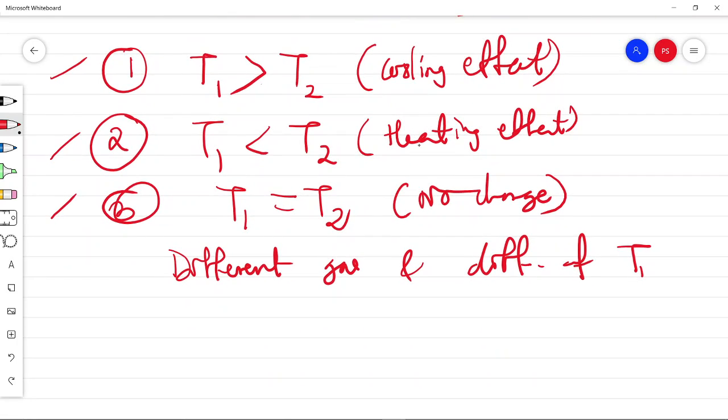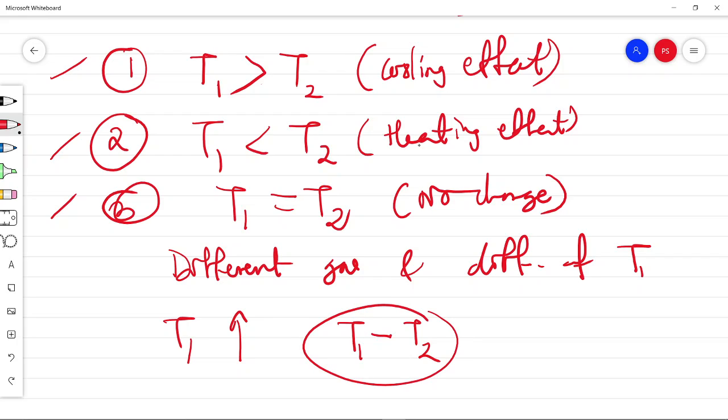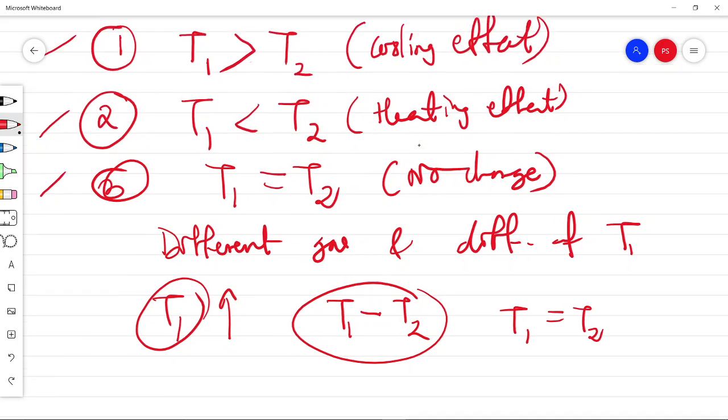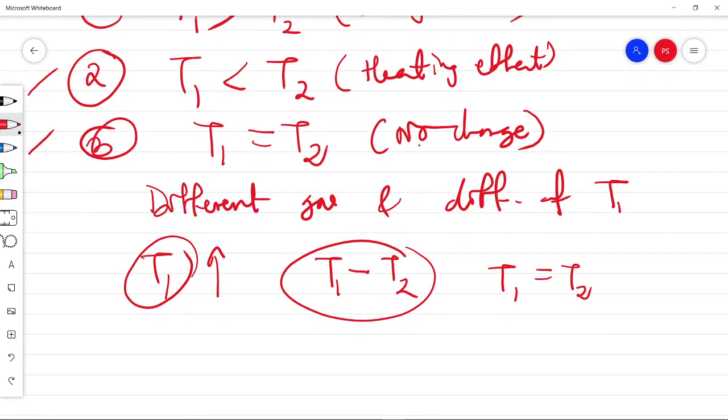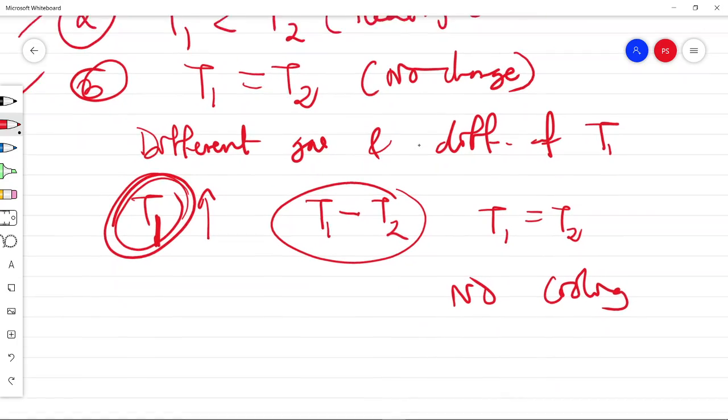Further, it is observed that as T1 is increased, the difference between T1 and T2 goes on decreasing. At a particular value of T1, it is observed that T1 is the same as T2, and then no further cooling is observed for temperatures larger than that.